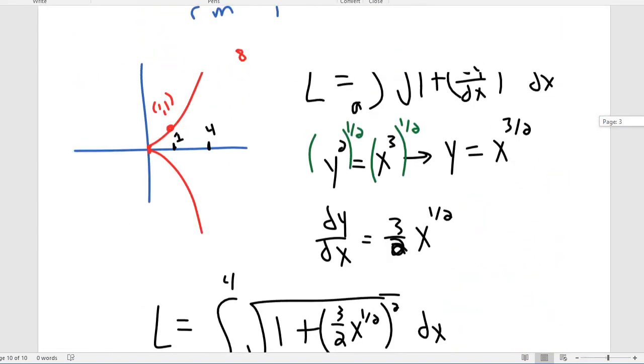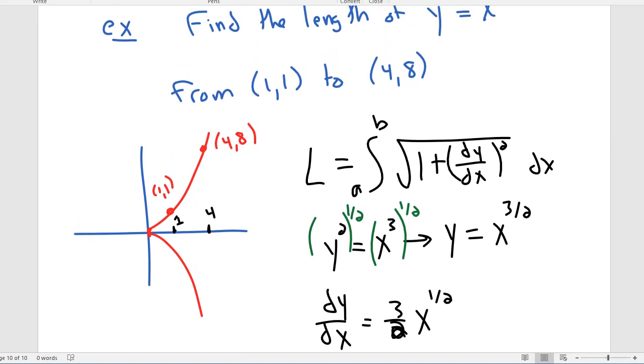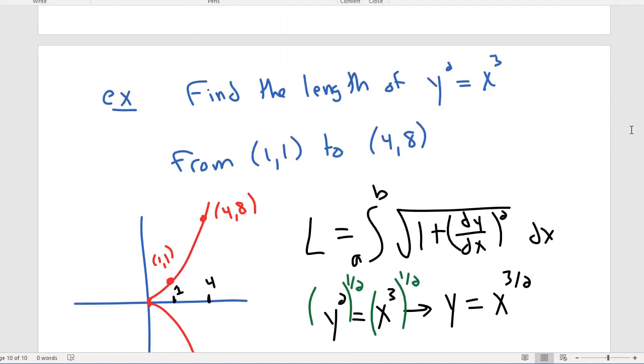In this example, what we posed was the equation y squared equals x cubed. What you'll see in your homework sometimes, this was an implicit equation. But let's say we cover up the y squared, and we just have y equals x cubed. Then we're going to find dy dx.